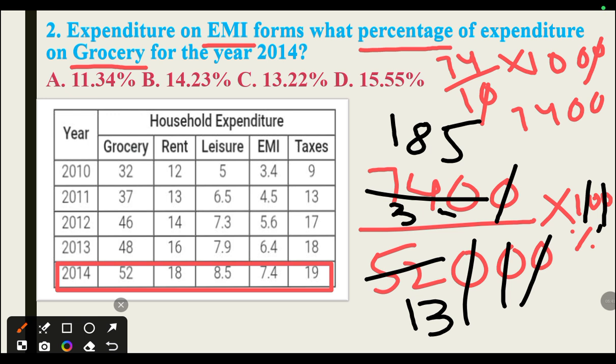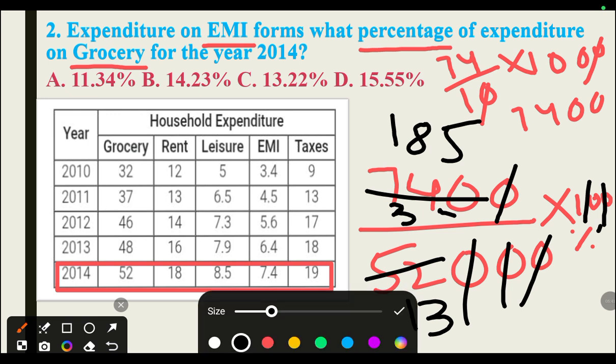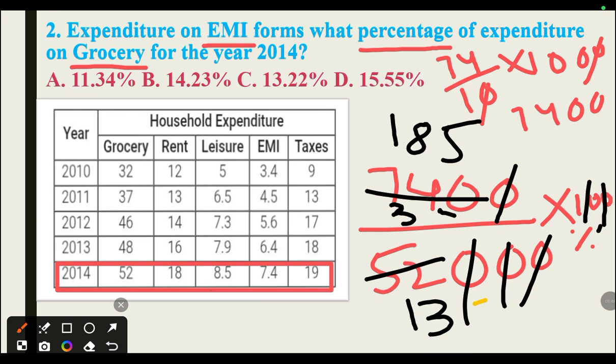If I divide 185 by 13, then my answer would be C. 13 ones are 13, so my answer should start with 1. All answers start with 1 only, and 18 minus 13 is definitely 5. So I can start this with 4 because 13 fours are 52.